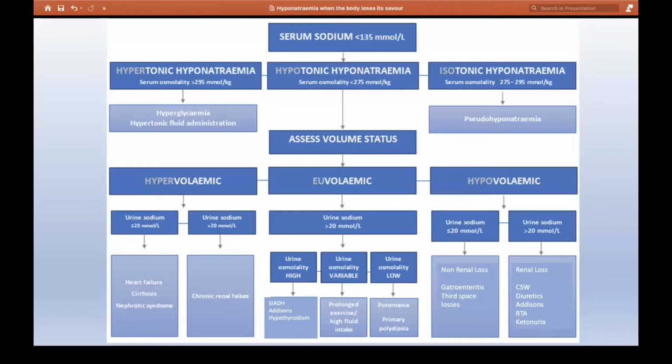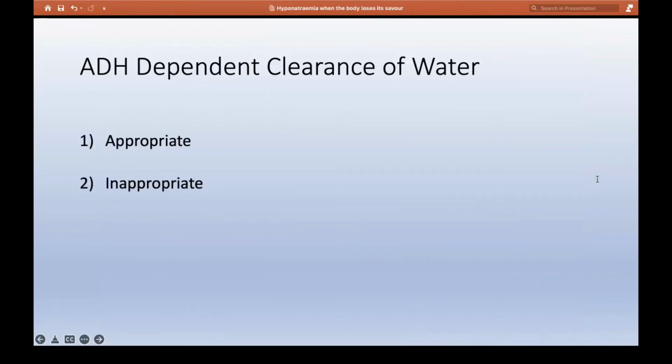Or if urine sodium is low, then that means the body is trying to conserve the salt, but the salt is lost from other areas other than the kidneys. So it's a non-renal loss like gastroenteritis. Of course, if somebody is euvolemic, then you have to check on the osmolalities and then decide on what it is. We'll talk about that.